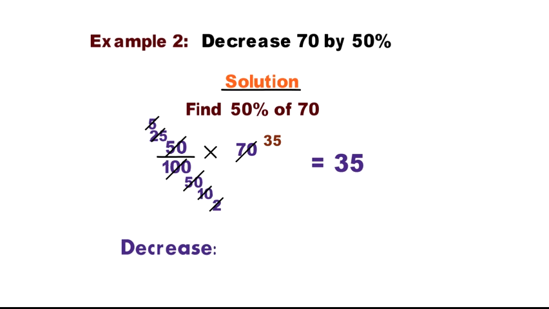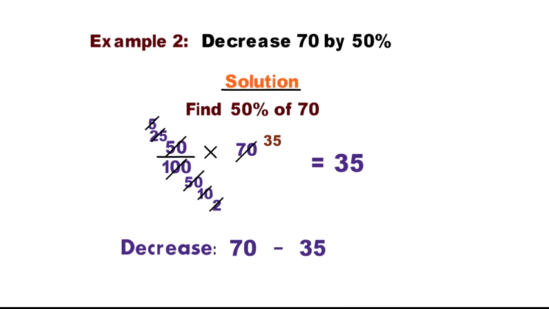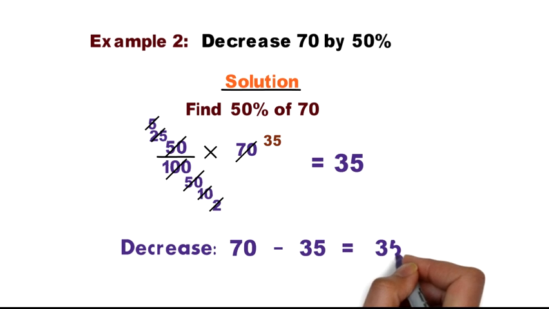Therefore, the decrease will give us 70 minus 35, which is equal to 35. This is how to decrease a number by any percentage. So, in these two examples, we have learned how to increase or decrease a number by any percentage.